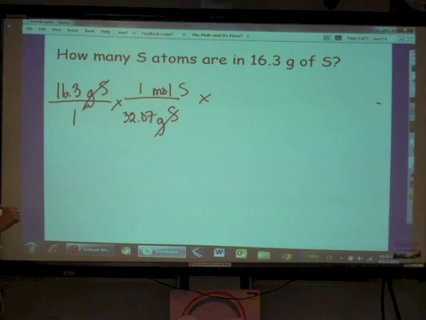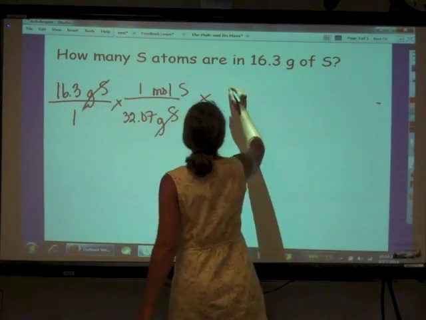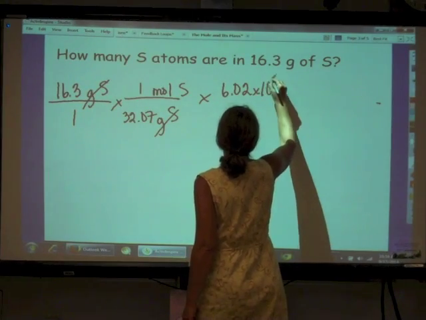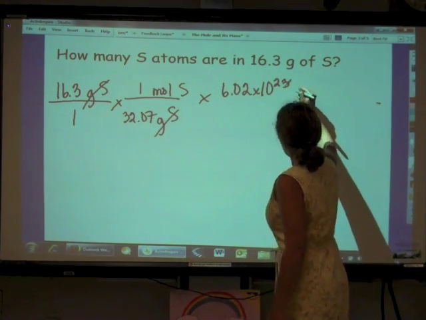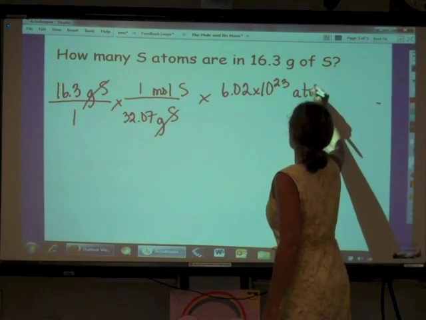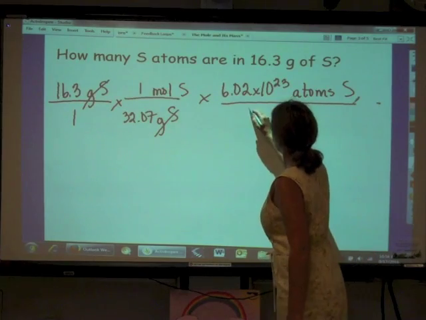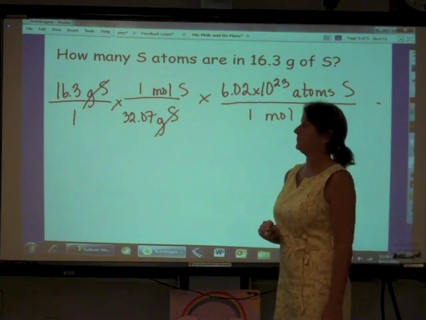But we don't want moles of sulfur, we want atoms of sulfur. So, do we have a conversion? Yes, we do. There are 6.02 times 10 to the 23rd atoms of sulfur for every mole of sulfur.